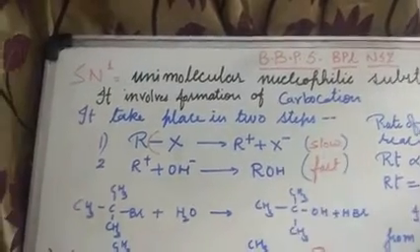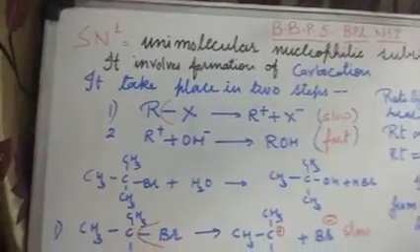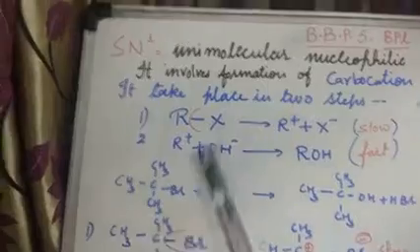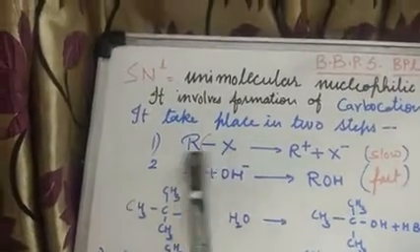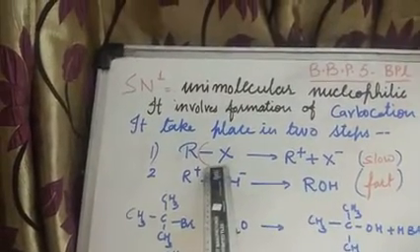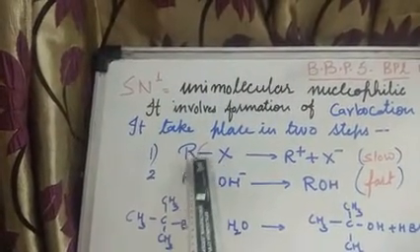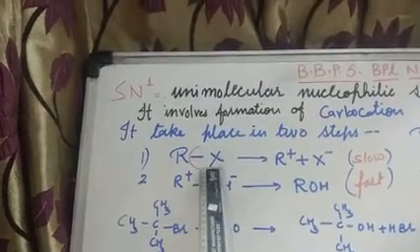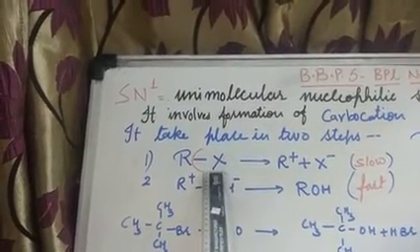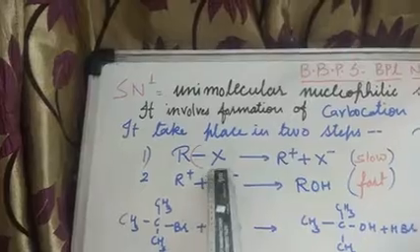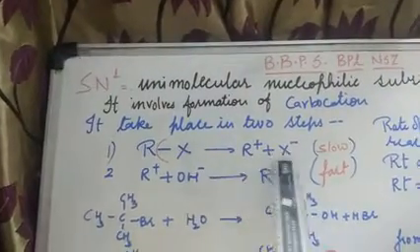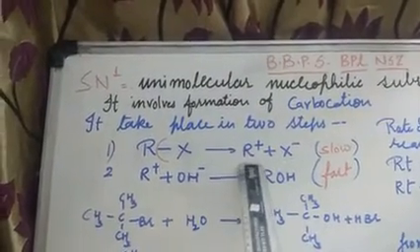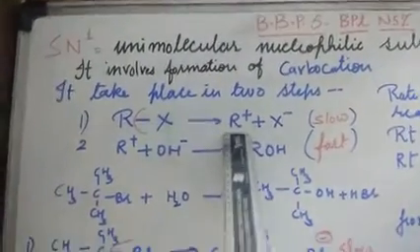So how the reaction is proceeding, that I am telling you. Firstly, heterolytic cleavage takes place. This shared pair of electrons moves towards X because X has more electronegativity, forming R positive and X negative, where R positive is the carbocation.